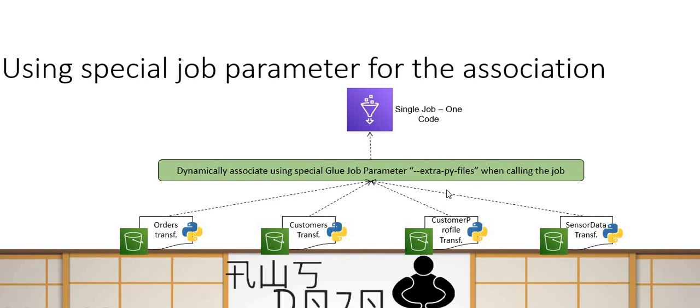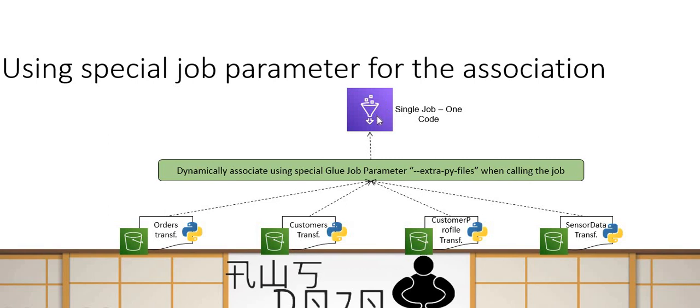Using this Glue job special parameter, you can dynamically associate a particular transformation code with a Glue job, so that your Glue job can handle multiple transformations. The way it will work is that when this Glue job is run for the orders table, the order table transformation will be dynamically associated using this special parameter.